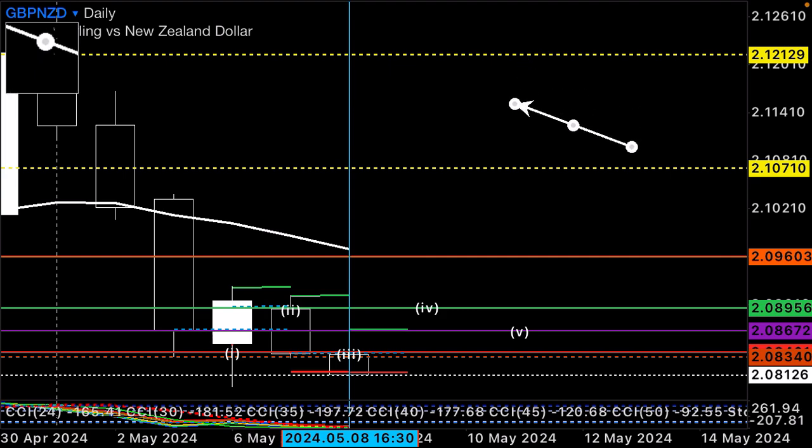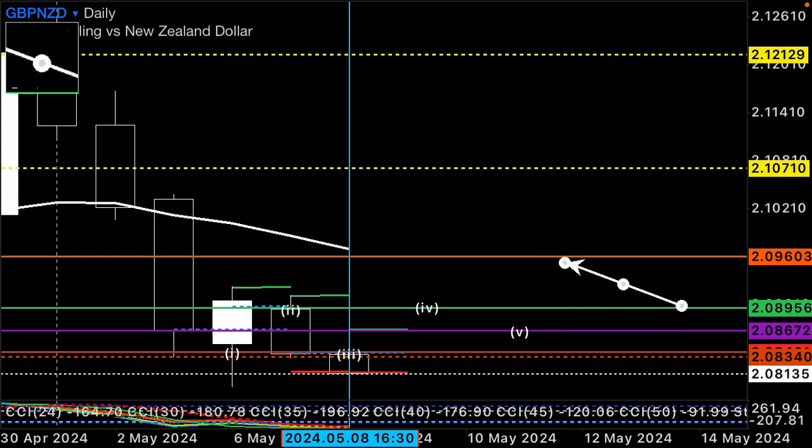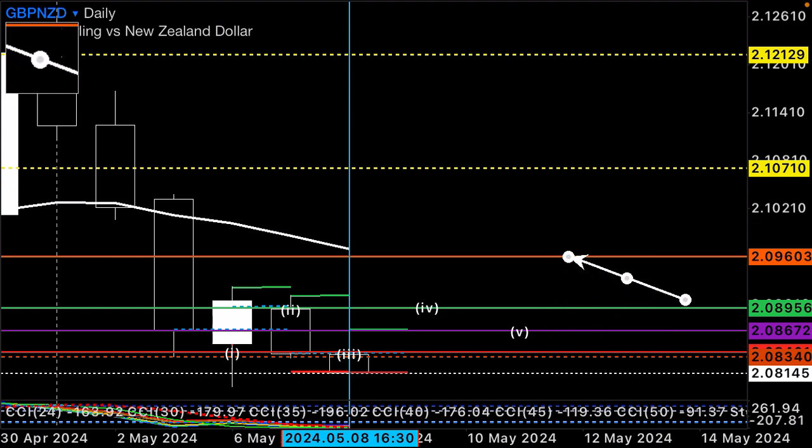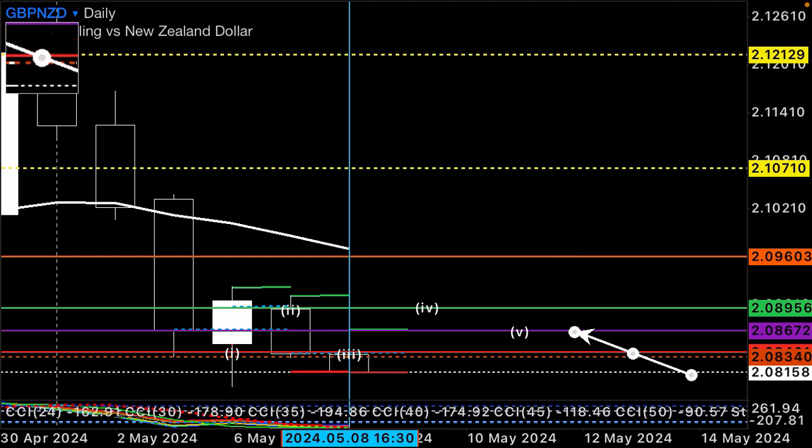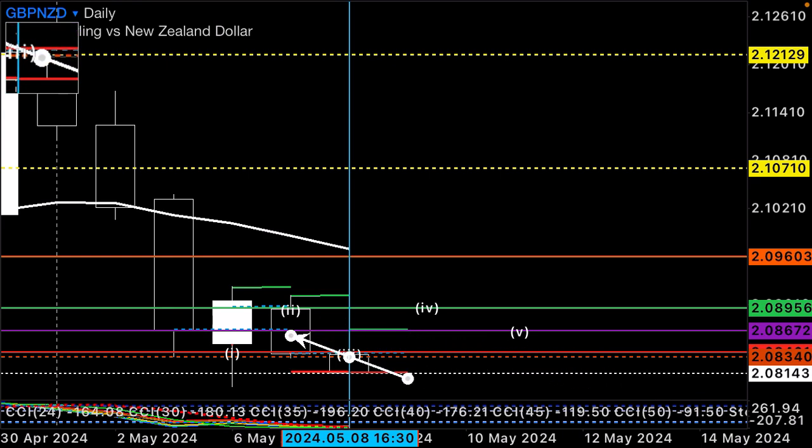These yellow lines are the previous month high and low for the open close. The purple and orange line is the previous week's high and low. And then the green and red line is the previous day right here, high and low.